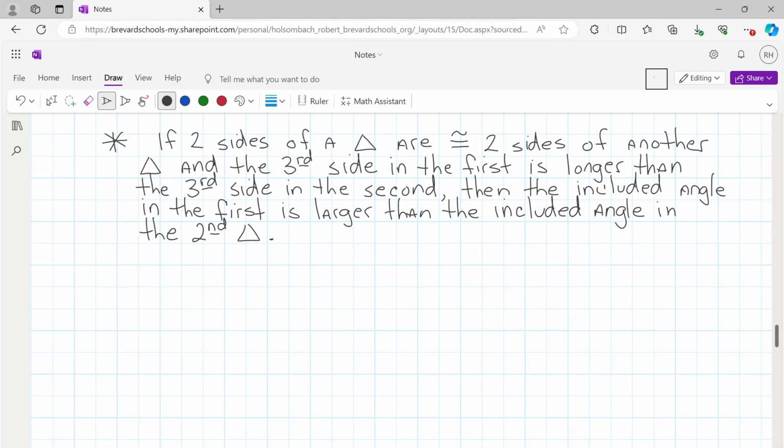So this is the theorem that you would use if you were asked to compare angle measures.